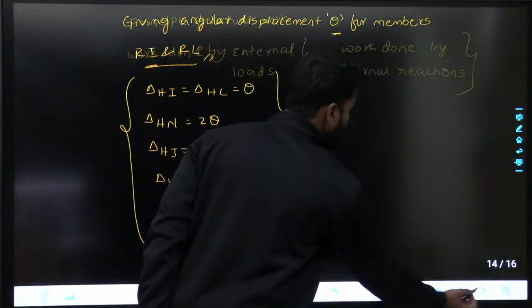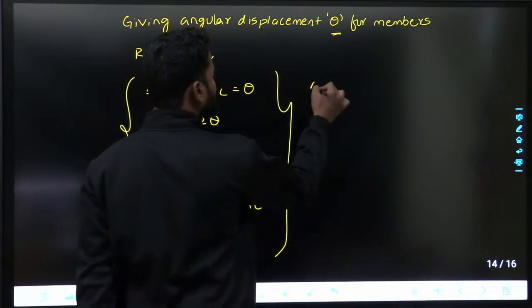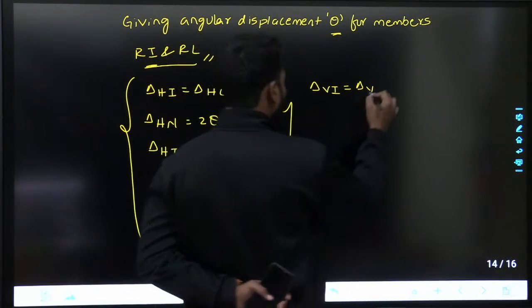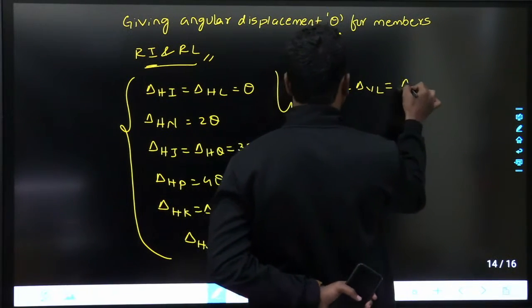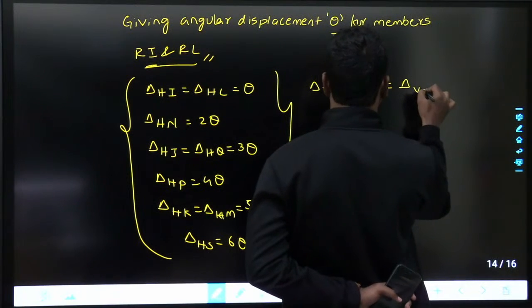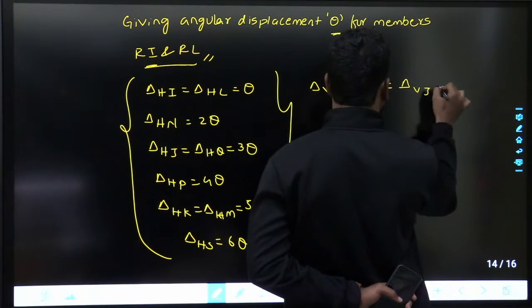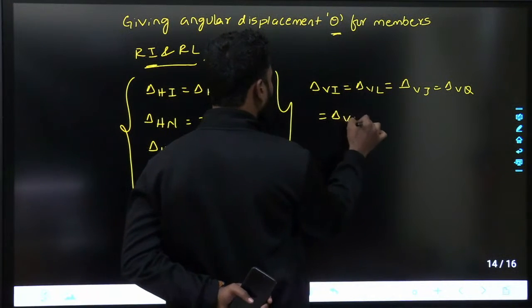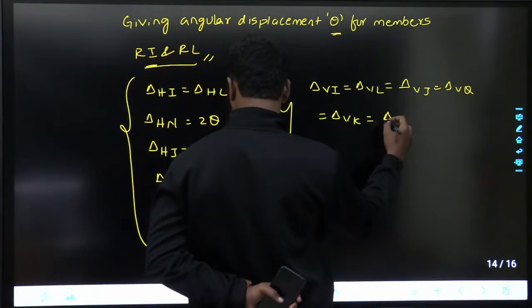So if I try to write, what would be the vertical distance? Vertical delta VI equals delta VL equals delta VJ equals delta VQ equals delta VK equals delta VM.